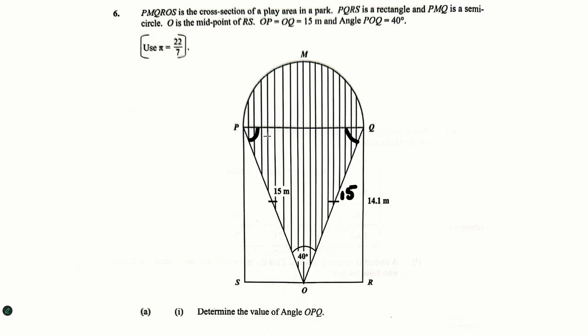So let's call this OPQ and OQP. So we know that OPQ, this angle here, is equal to OQP, this angle here. Because they're equal, let's call it X. So this is X and this will also be X.